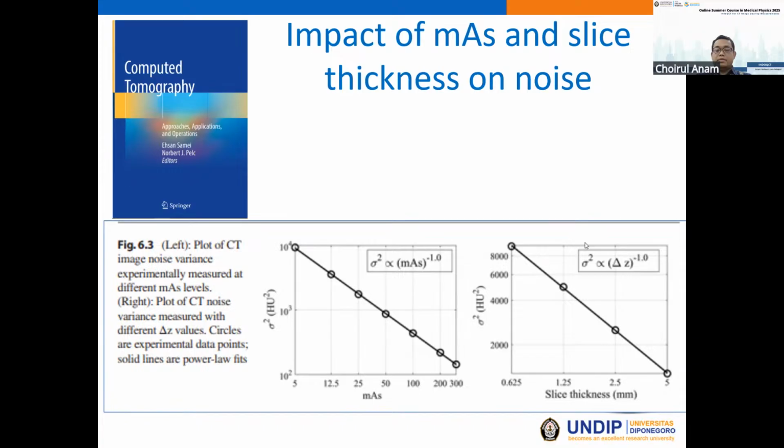And in this example, slice thickness, if the slice thickness is thicker, so the photon reaching the detector will increase. And in the result, the noise will decrease like this. This is the example of the effect of mAs and slice thickness on the noise.